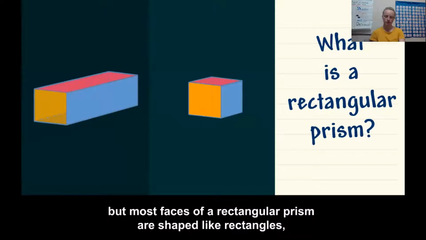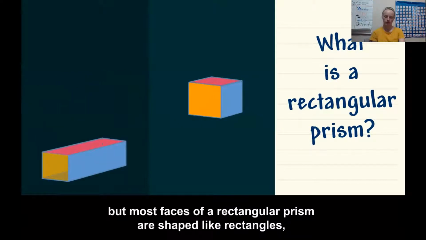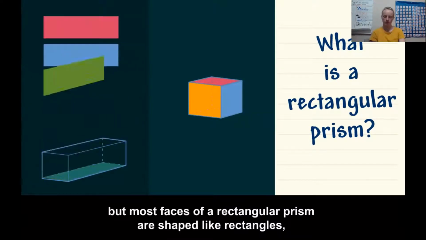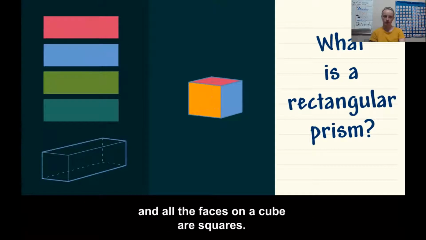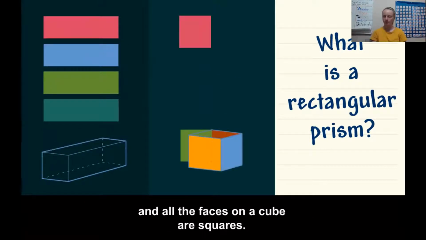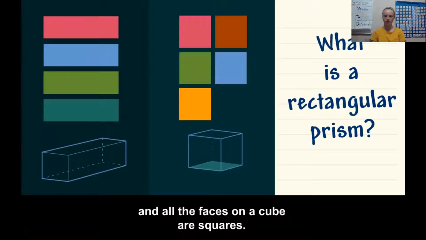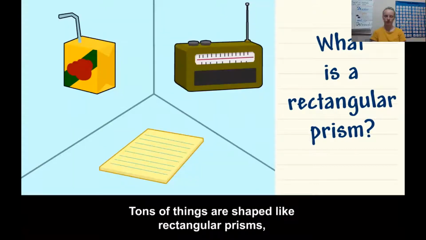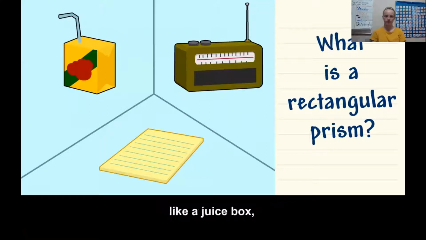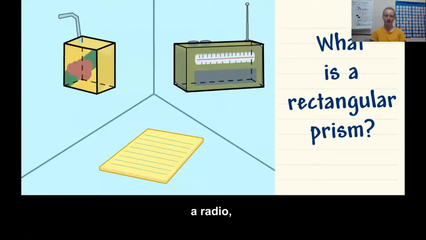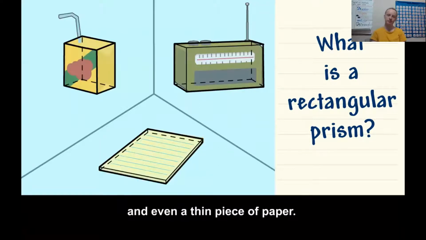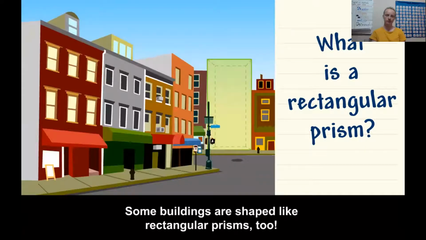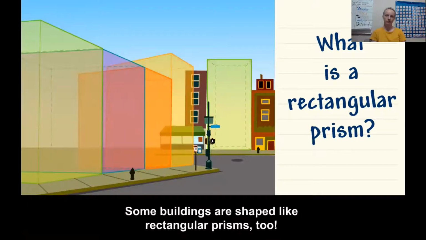But most faces of a rectangular prism are shaped like rectangles, and all the faces on a cube are squares. Tons of things are shaped like rectangular prisms, like a juice box, radio, and even a thin piece of paper. Some buildings are shaped like rectangular prisms too.